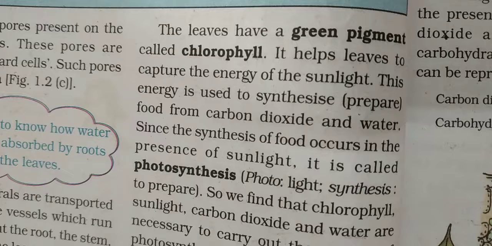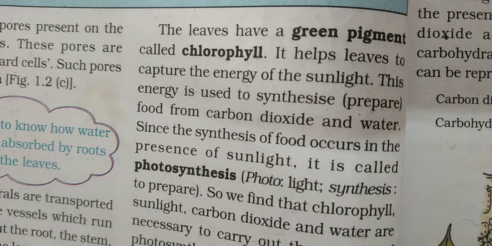It helps leaves to capture the energy of the sunlight. It gets activated when sunlight falls on it and it captures the energy of the sunlight. This energy is used to synthesize. Synthesize means prepare. It means prepare food from carbon dioxide.